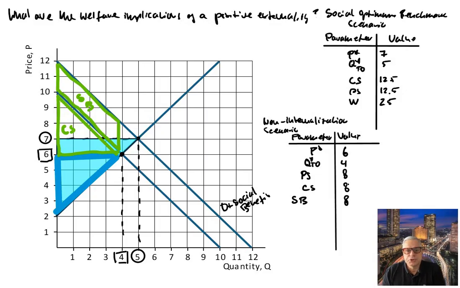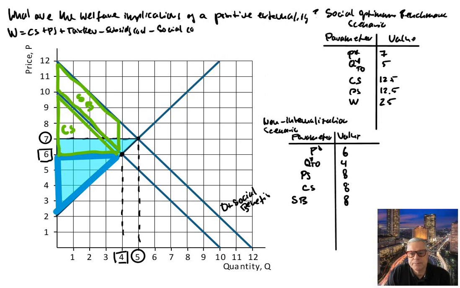Okay, so now when we said that welfare is equal to consumer surplus plus producer surplus plus tax revenue minus subsidy cost minus social cost from a negative externality.